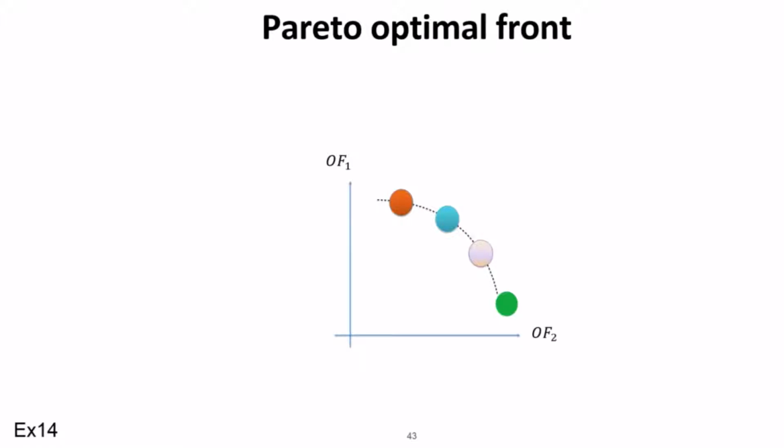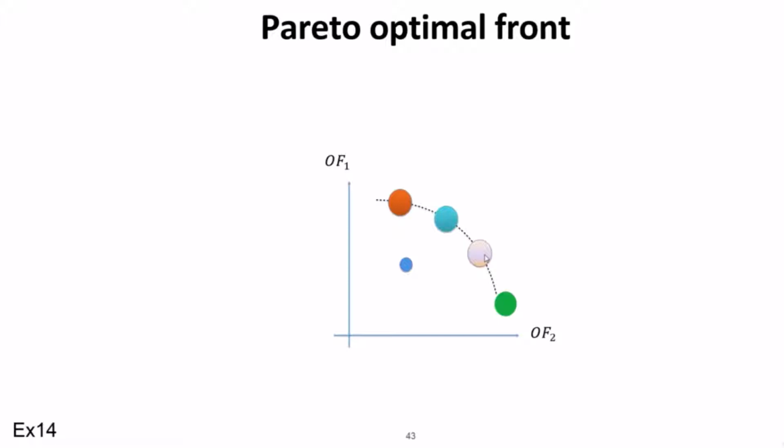If I show you another solution in this space, the dark blue one, there are 5 solutions you can see here now. If I want to compare these solutions together, I can say that this solution is better than the dark one because it is better in terms of OF1 and OF2, so it is better in every aspect.